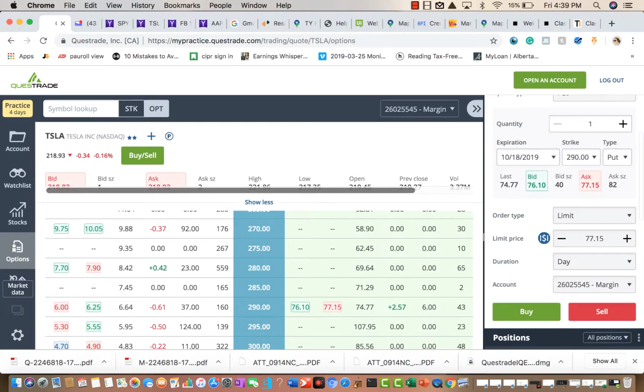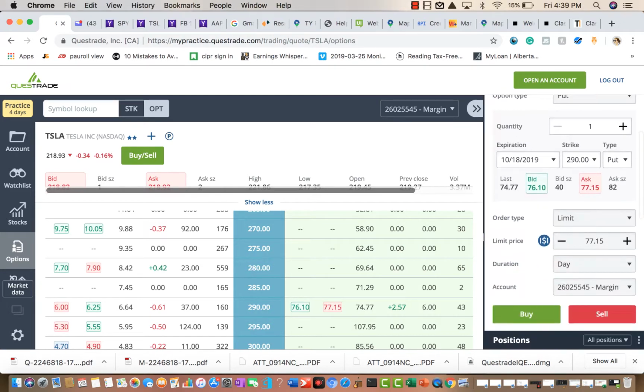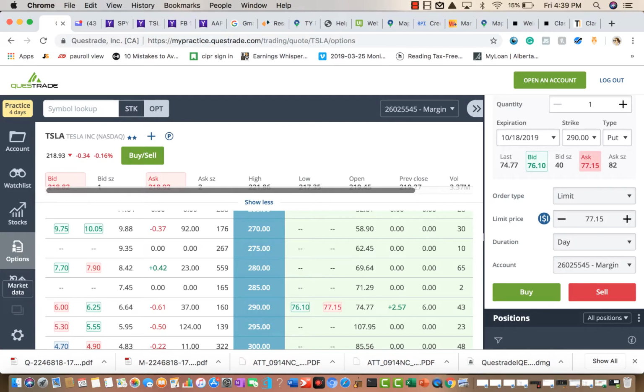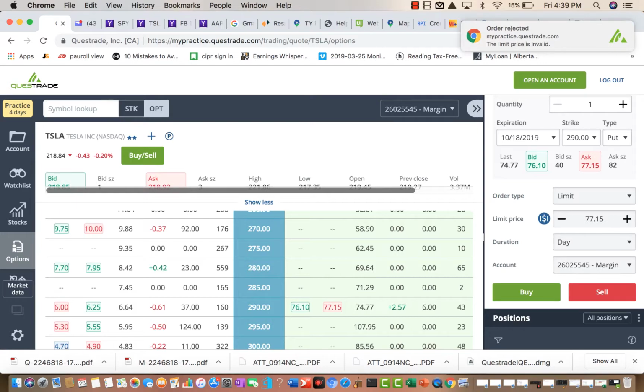It's acting weird because it's after hours right now, you guys. But normally, when you're buying an option and you put the amount that you see under the asking price, it should get filled right away. But in this case, I'm not sure why it's not accepting it.